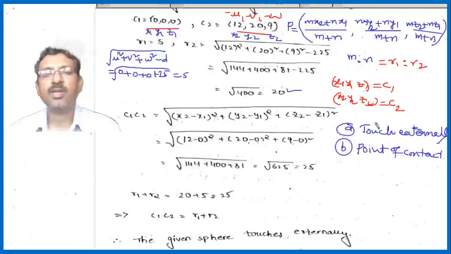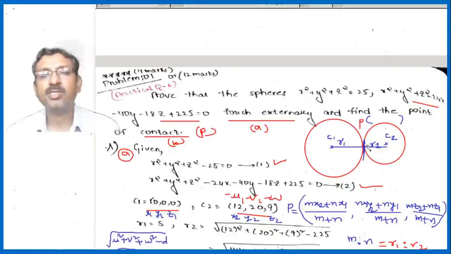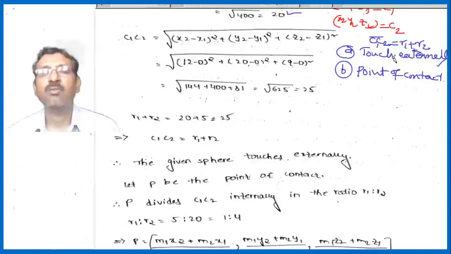For this we have to check the distance between the centers, C1 C2, should be equal to R1 plus R2. If they touch externally, C1 C2 equal to R1 plus R2. For that we have to find the distance between the two centers C1 C2.